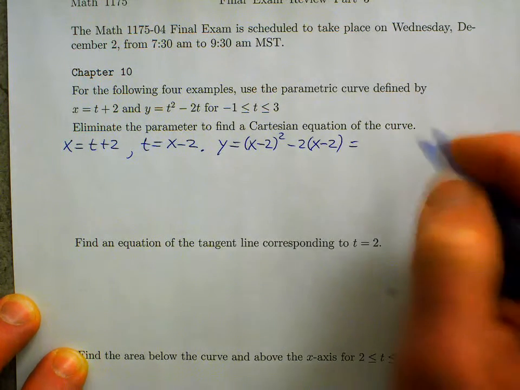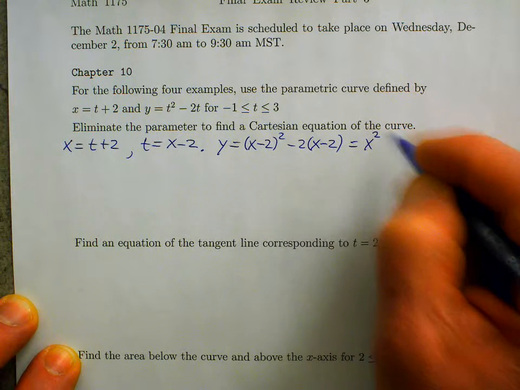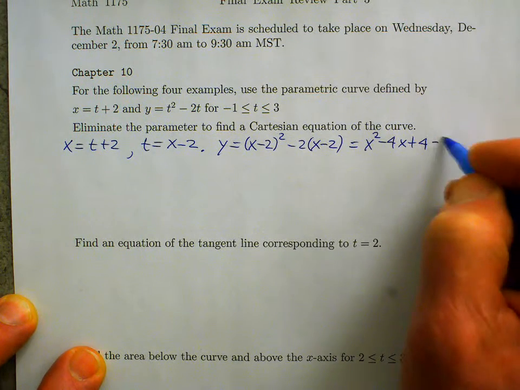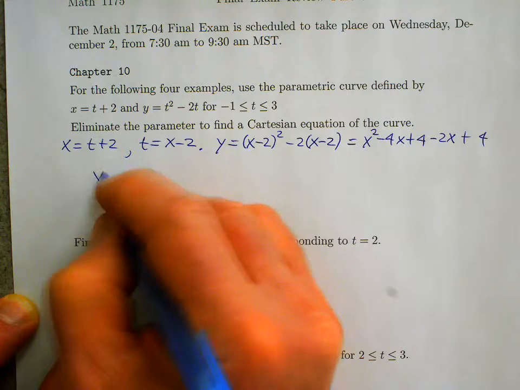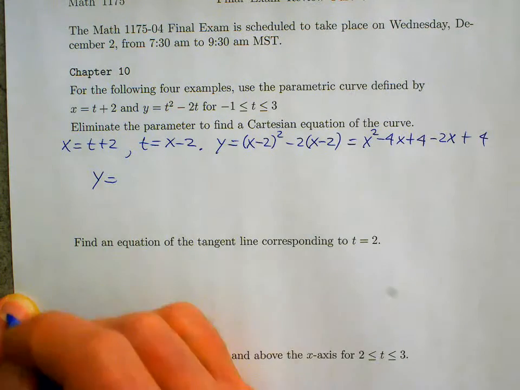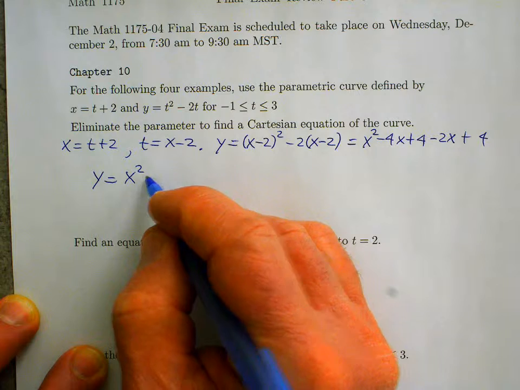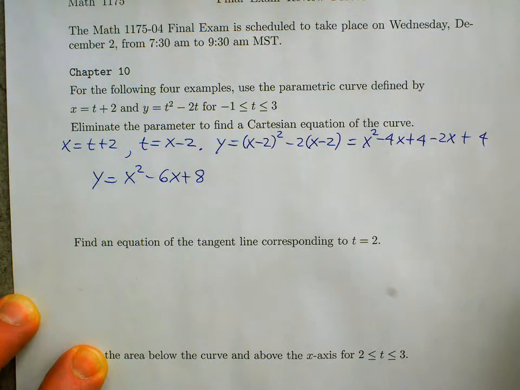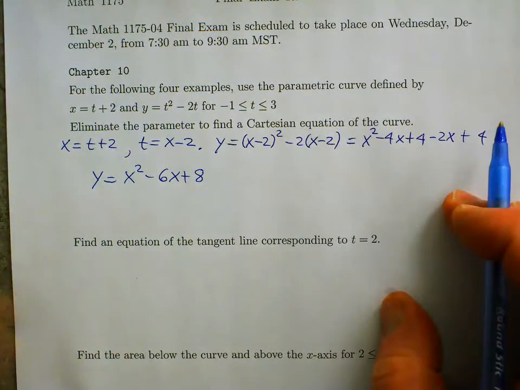And then algebra and arithmetic. So (x minus 2) squared is x squared minus 4x plus 4, minus 2x plus 4. And so the Cartesian equation that we get is y equals x squared minus 6x plus 8. Okay, the graph of that is a parabola.